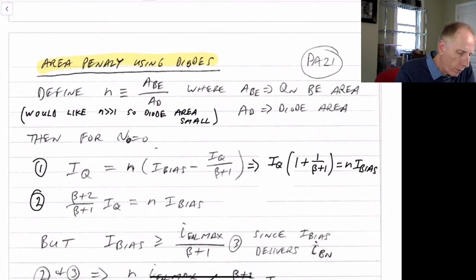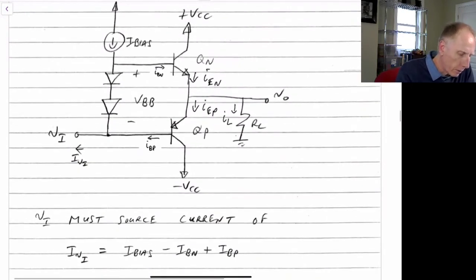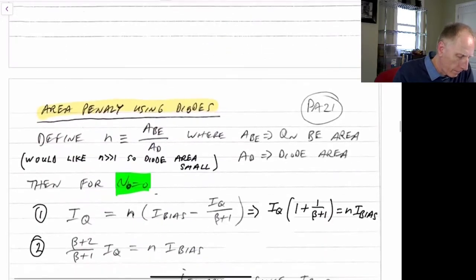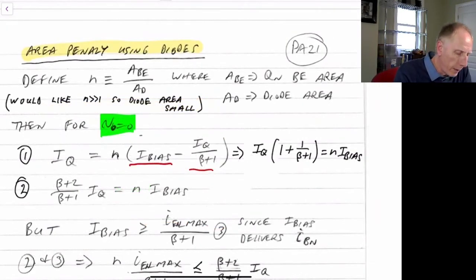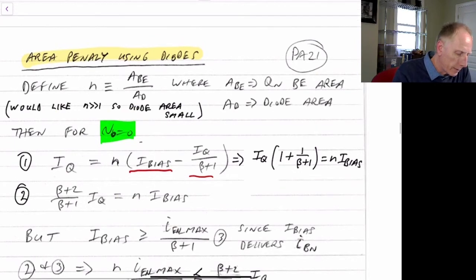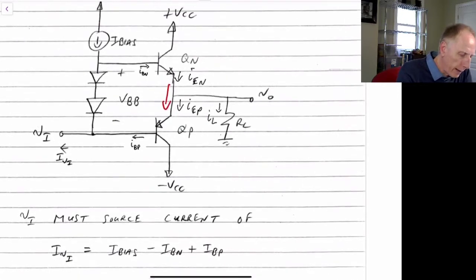So for V out equal to 0, in this case, we can look at I sub Q, the current flowing down through here. It is going to be equal to N times the bias current minus IQ divided by beta plus 1. It's equal to that value because of the ratio that we have, that the area of this is N times larger than the area of this.